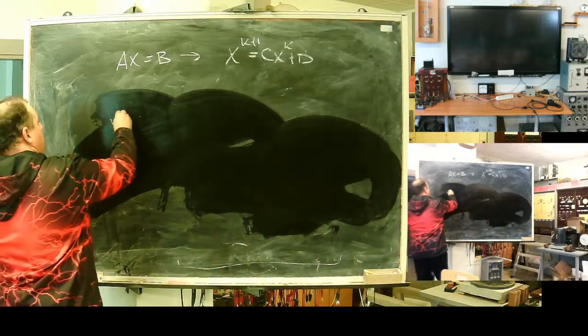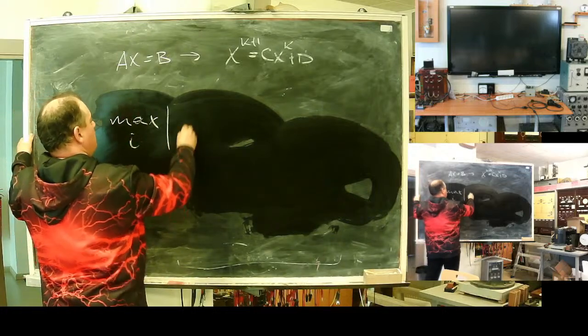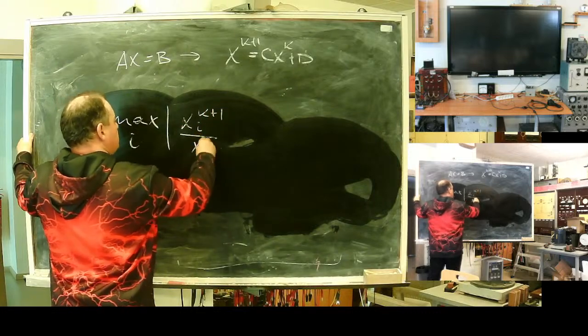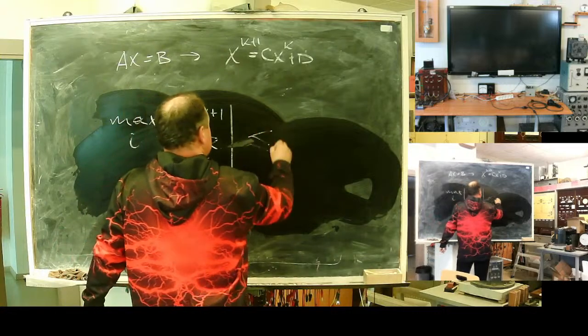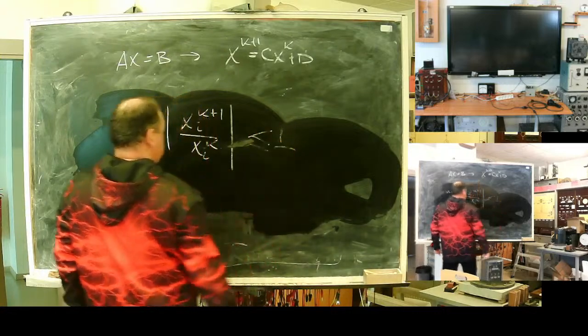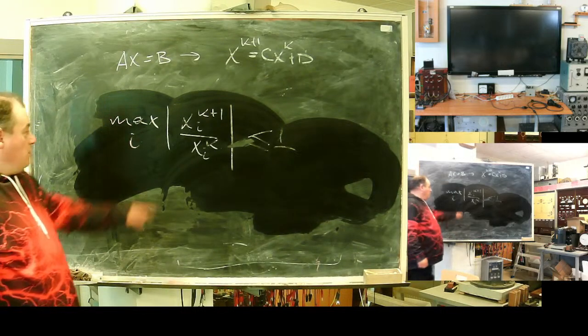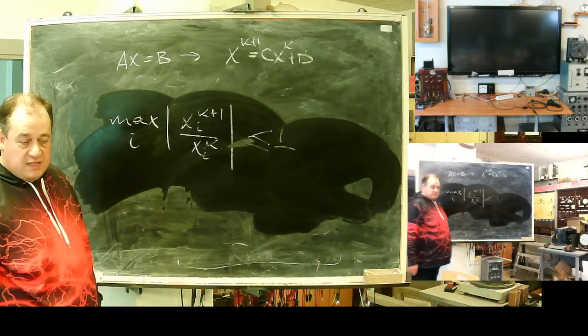The problem: the ratio of x_i next divided by x_i previous should be less than 1. It will converge only if the max ratio between next and previous is less than 1.